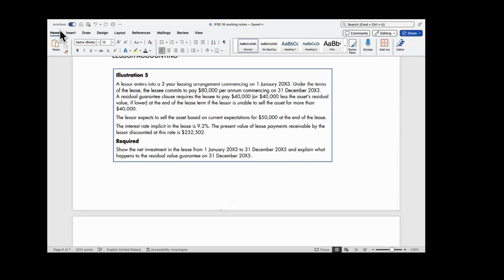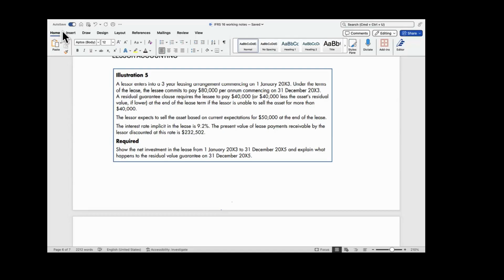The interest rate implicit in the lease is 9.2%. The present value of lease payment receivable by the lessor discounted at the rate is $232,502. You are then required to show the net investment in the lease from 1st of January 2003 to 31st of December 2005 and explain what happens to the residual value guarantee on 31st of December 2005.